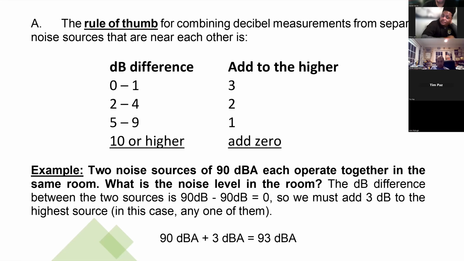If the difference is 0, you should get 3. But again, this is not a law, it's a rule of thumb. It doesn't have to make sense. It makes sense when you add decibels at higher values. So it's good to know the rule of thumb, and you'll see a lot of them in industrial hygiene, but you have to understand this, you cannot apply them all the time.